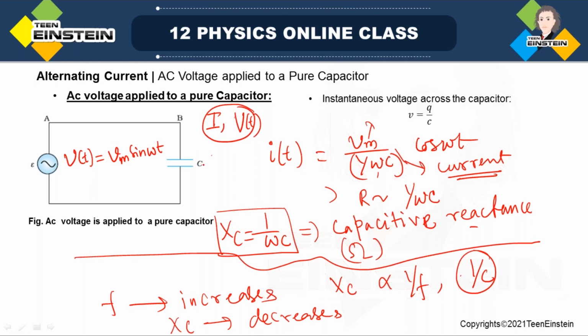And also if you increase the value of the capacitance, then this resistance offered by the capacitor against the flow of current will be decreasing.